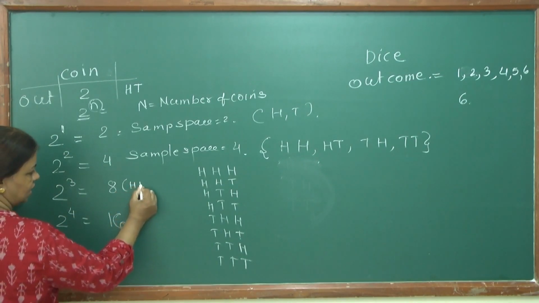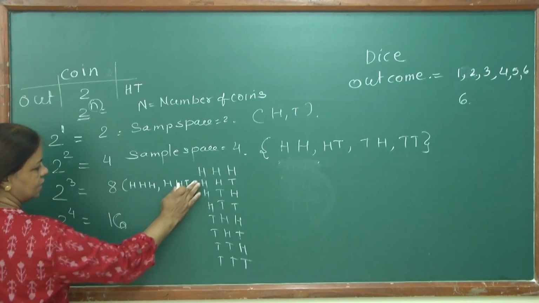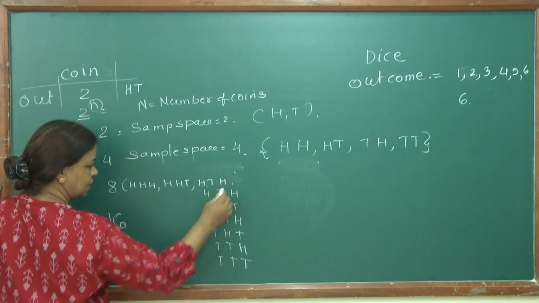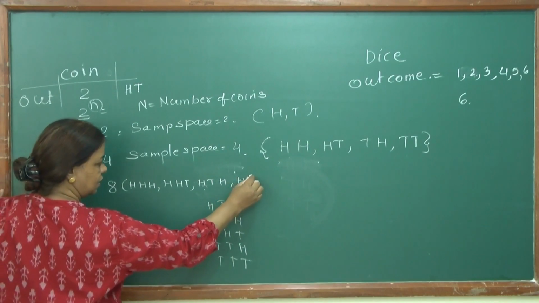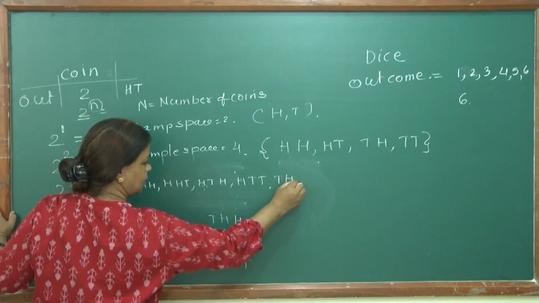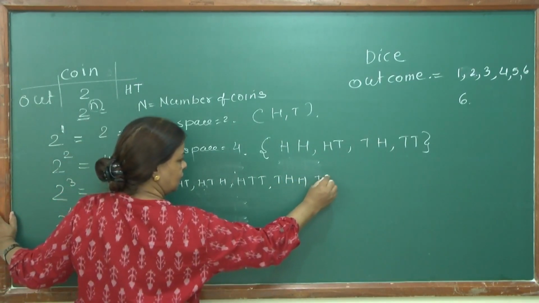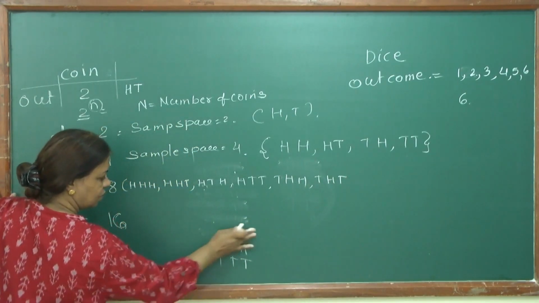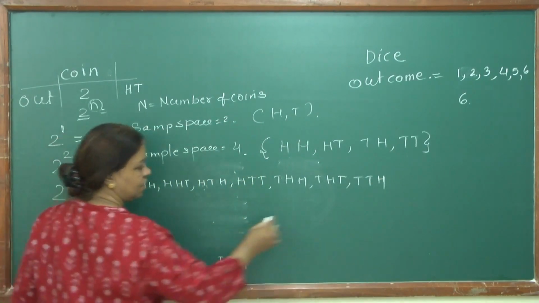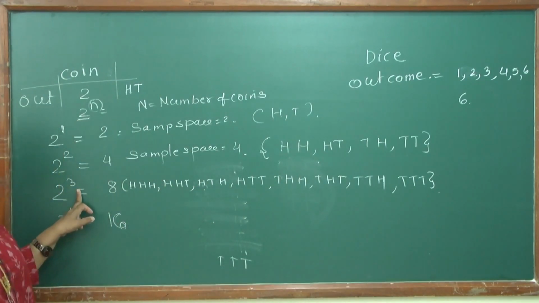See, H H H, then H H T, then H T H, H T T, T H H, T H T, T T H, then T T T. Okay. This is when 3 coins are tossed.